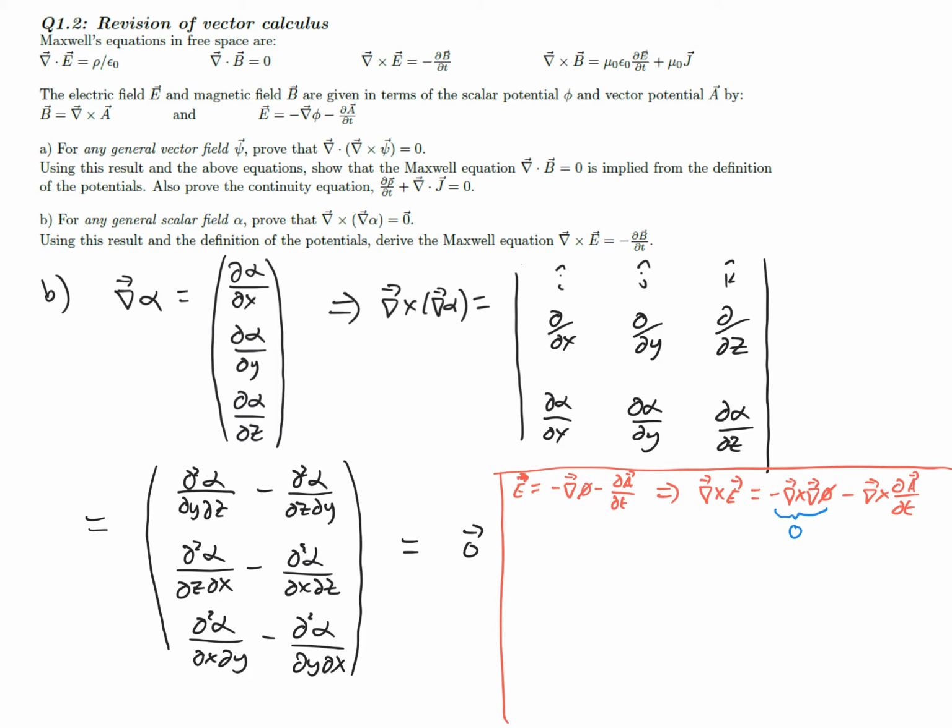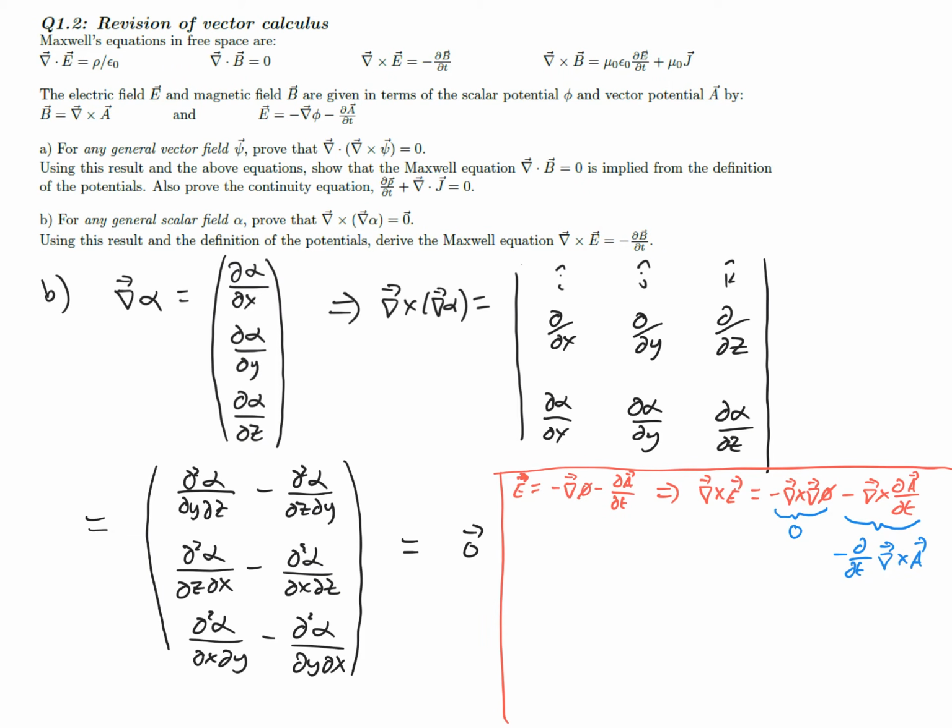Again, because these are partial derivatives and because we're talking about different variables, the space variables in the differential operator nabla and the time variable in d by dt, we can commute those operators and write this second term here as minus d by dt of the curl of A.